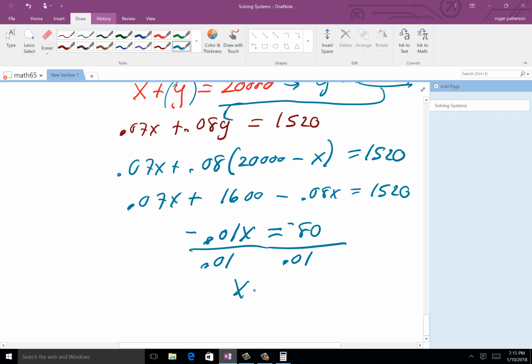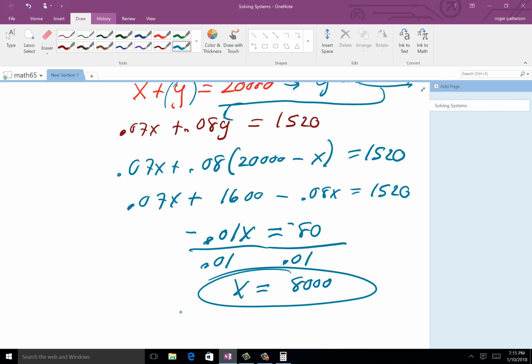And according to this, x should be about 8,000. Okay, so there's my money for that one. And then remember, we're investing 20,000, right? So if x is 8,000, then how much does y got to be? 12,000. Yeah. I can back substitute it, but you don't really need to.